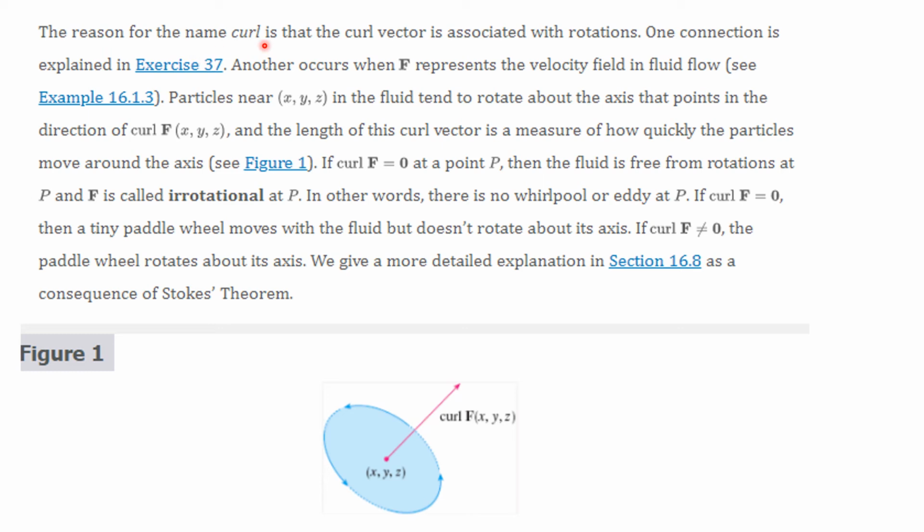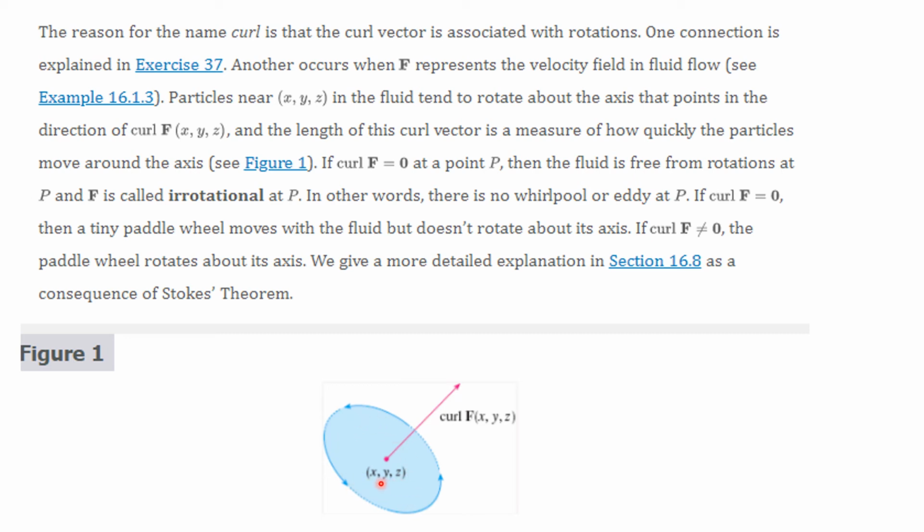The reason for the name curl is that the curl vector is associated with rotations. There are actually many connections, but one is that when capital F represents the velocity field in a fluid flow, particles near that point tend to rotate about an axis, and the axis that they rotate about is the direction of the curl.